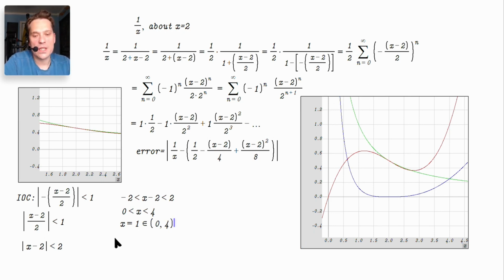On the other hand, let me stress, if you took x equals 5, that's not an element, right? That's definitely not an element of this interval from 0 to 4, correct? So you couldn't make the match, that's all.